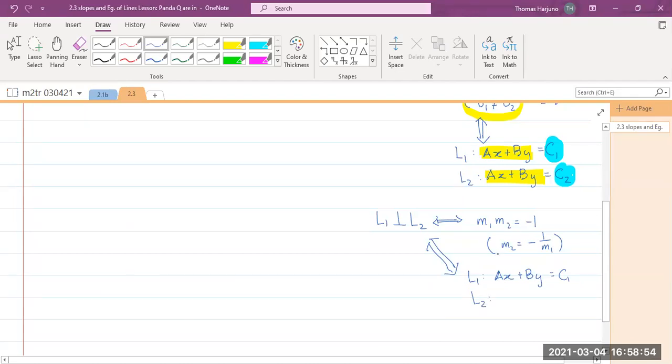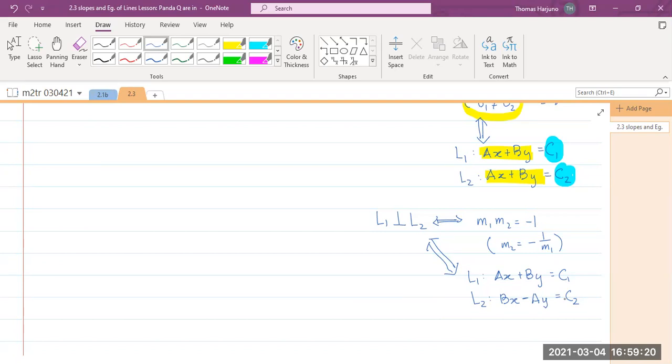You switch the coefficients and change the sign of one of those coefficients. See my explanation in my lecture. Now, with that said, we can easily do problems like the following.